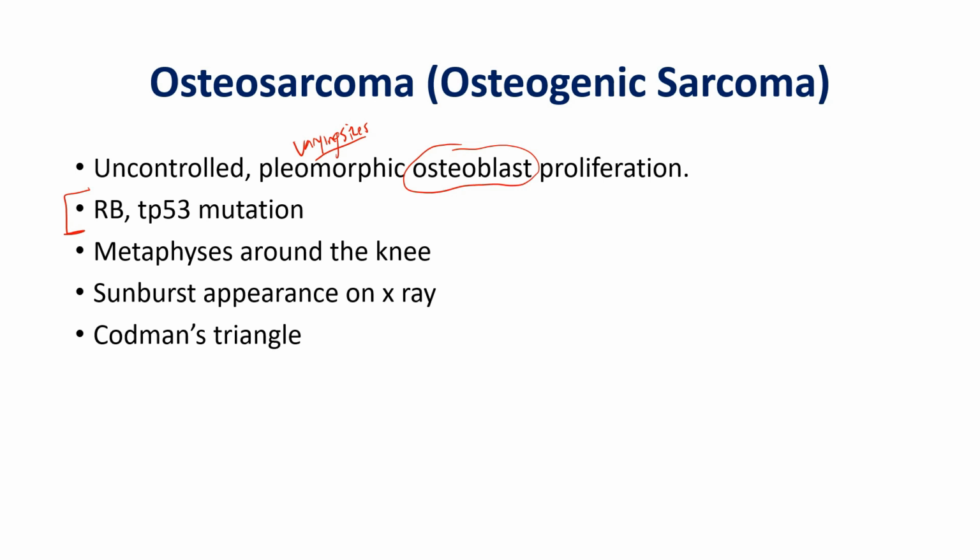Where's the primary location of this one? So this one takes place at the metaphysis, usually around the knee. So what do I mean by that? In most cases, it's usually going to be at the metaphysis. So here's your knee, right, the patella, and then here's the lower leg, and then here's the upper leg. So it's usually going to be somewhere in this area.